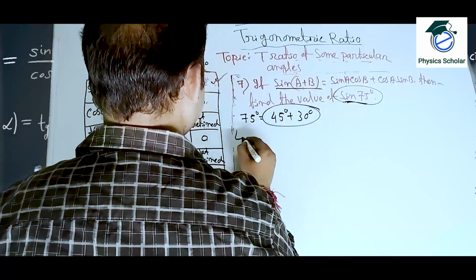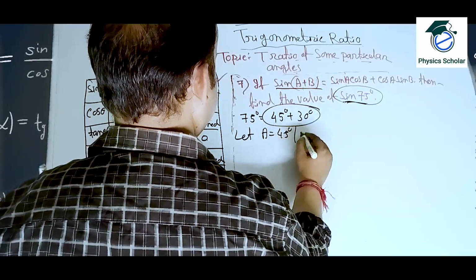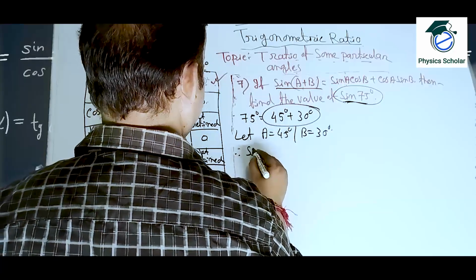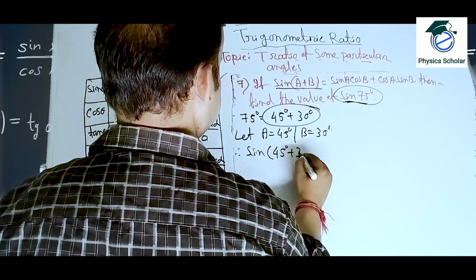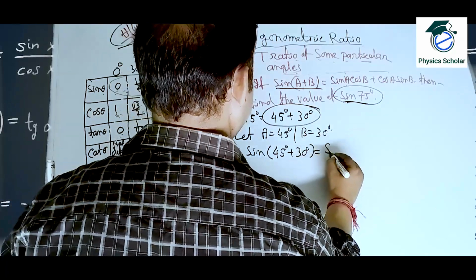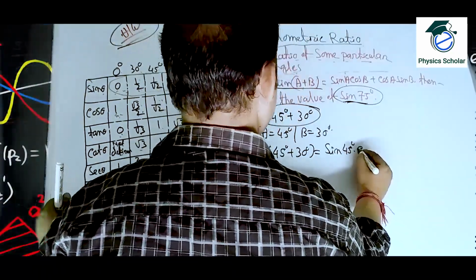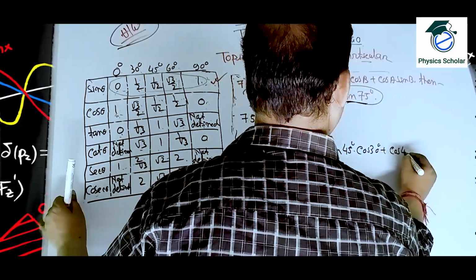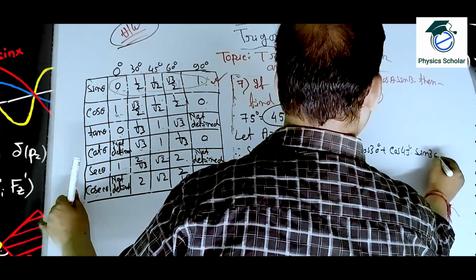Clear? So let angle A is equal to 45 and B is equal to 30 degree. So what is given? Sin of 45 degree plus 30 degree is equal to sin A, 45 degree, into cos B, cos 30 degree, plus cos A, cos 45 degree, into sin B, sin 30 degree.